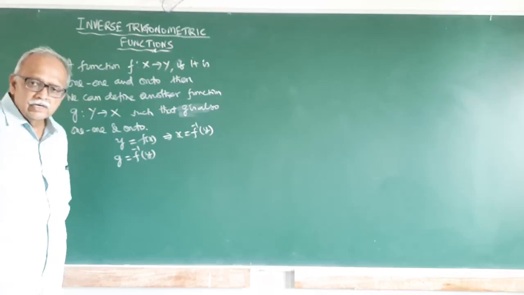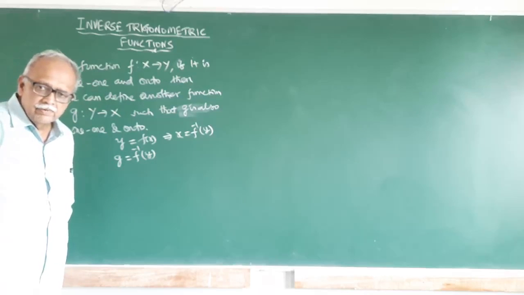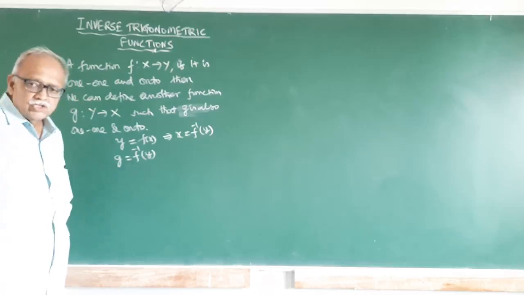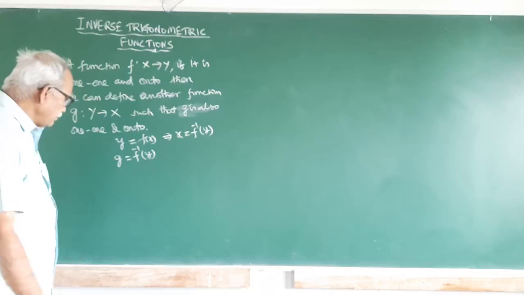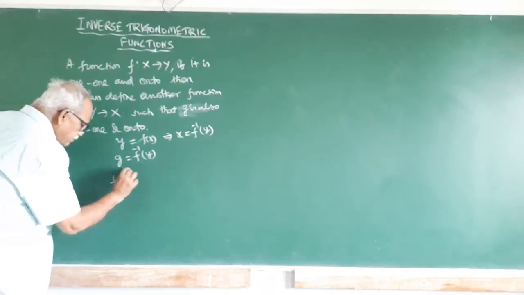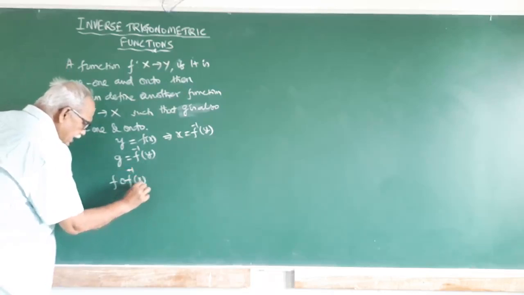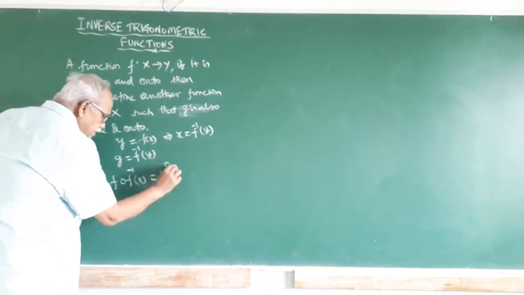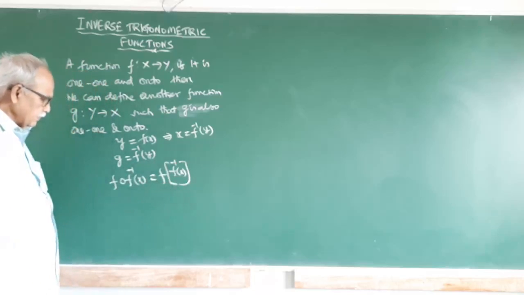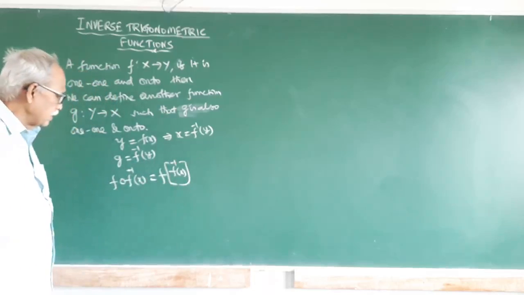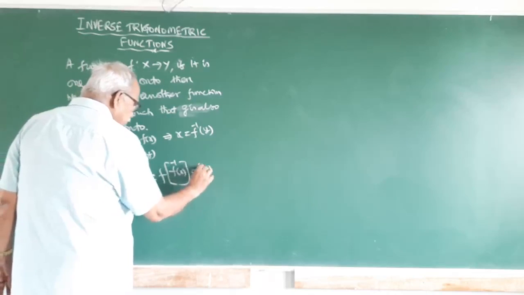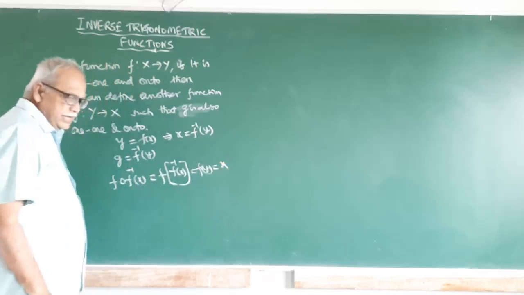This we have already done in the previous classes. This is the important point in inverse functions. Using this, f of f inverse of x is equal to f of (f inverse of x). What is f inverse of x? It will be y, so that is equal to x.